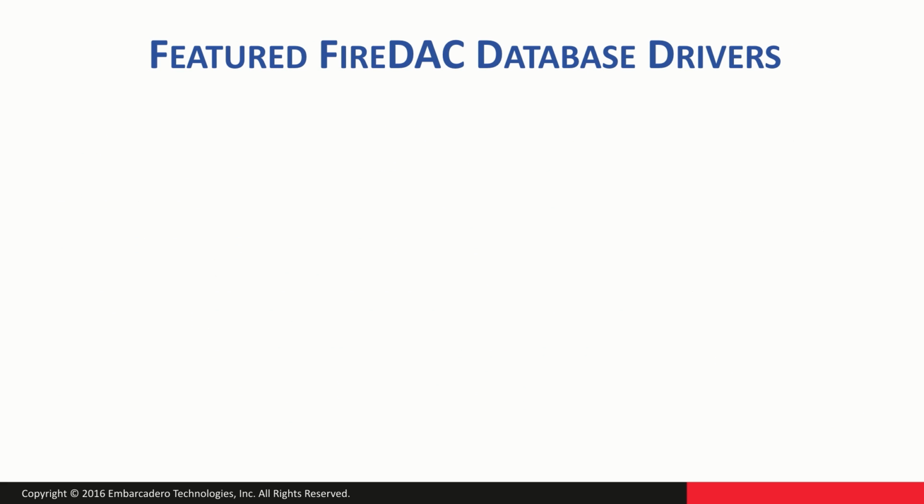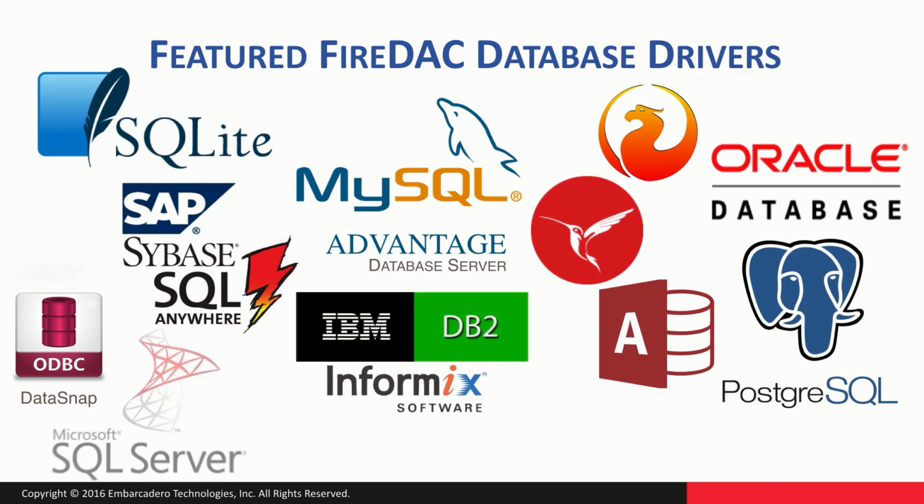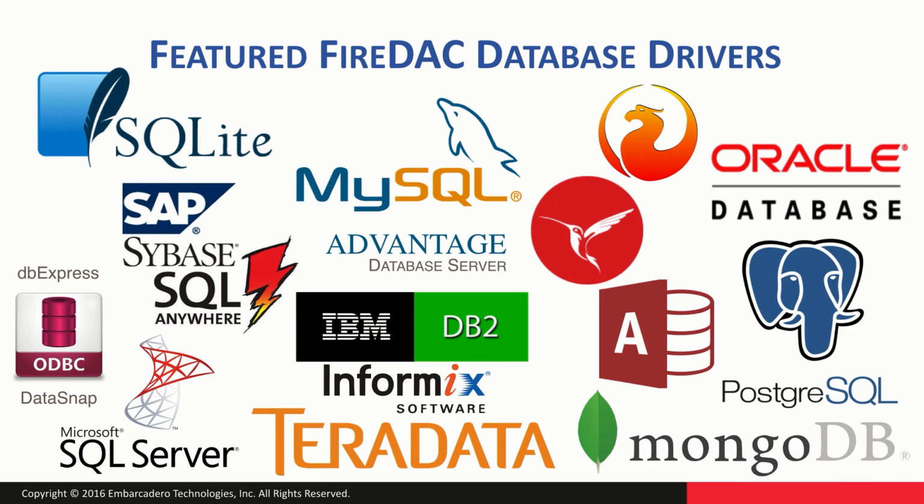So what databases does it support? I want to say all of them, but there probably are some it doesn't support. You see there's Access, Postgres, Oracle, Firebird, InterBase, IBM DB2, and MongoDB, which is a NoSQL database. It's got really cool MongoDB support.